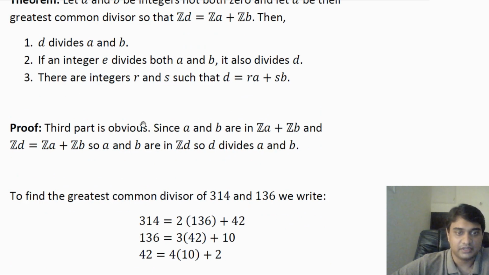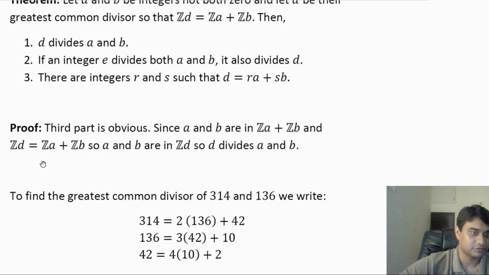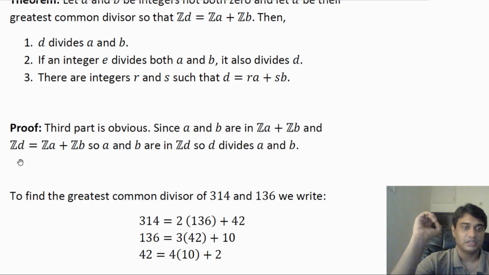Since A and B are in ZA plus ZB, A is in ZA plus ZB and B is also in ZA plus ZB, and ZD equals ZA plus ZB. So this set equals ZD, and A and B are in this set. So A and B both are in ZD, which means A can be written as D times some integer.